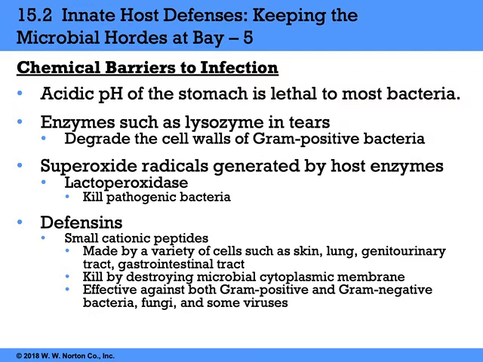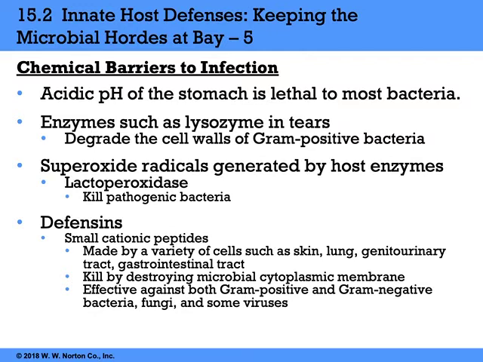Superoxide radicals generated by our host enzymes, such as lactoperoxidase, kill pathogens by producing free radicals that hurt them. Okay, remember that free radicals are electron-poor species that steal electrons from healthy molecules and destroy them.